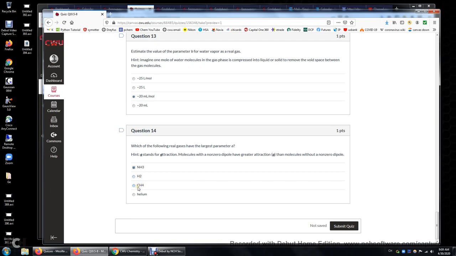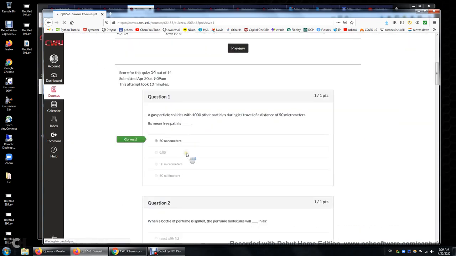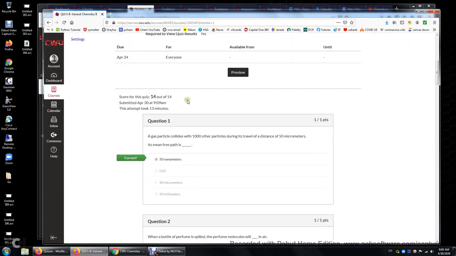Although the electronegativity of carbon and hydrogen are slightly different, you have 4 bonds there. The bond polarities of these 4 bonds cancel each other. Well, helium, the attraction between helium atoms is the smallest. All right, let's take a look. 14 out of 14, so we're good.